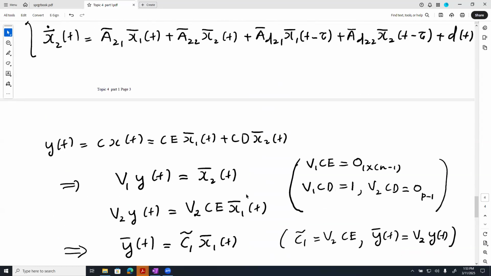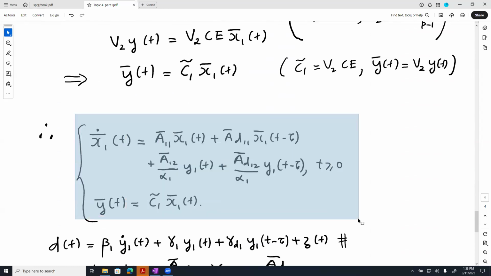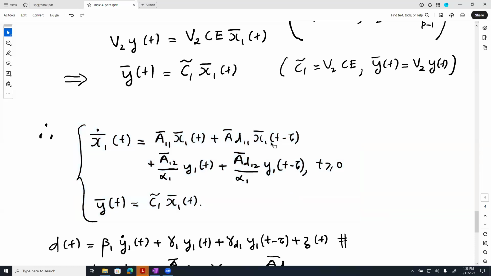So by substituting x bar 2 equal to V1 y of t back into this equation, we arrive at the following reduced order time delay system. And when we look at this reduced order time delay system, it's actually disturbance free. It has the delay state vector in here.